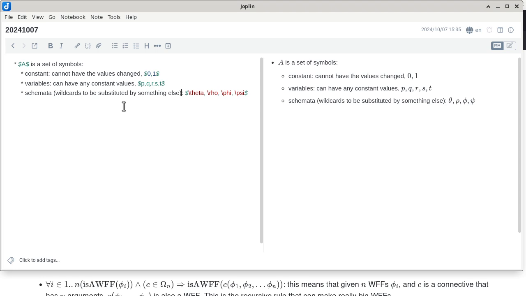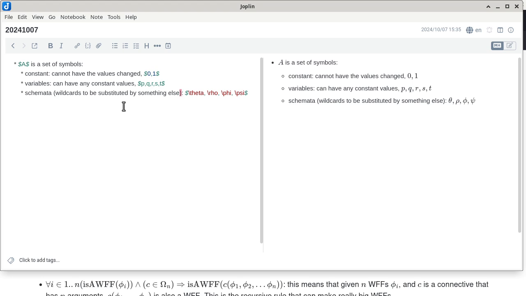Can you just say special characters? They're wild cards. They're basically things that can take on entire expressions. So if a variable can take on a particular constant value, then the schemata can take on an entire expression. But I cannot talk about expressions yet because we need the next set in order to talk about expressions. So don't try to read too much into schemata yet.